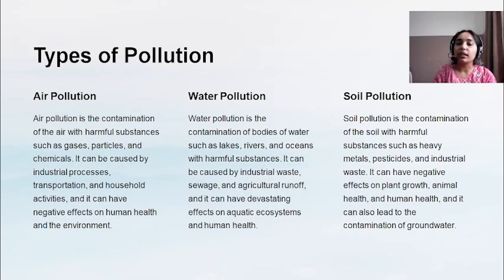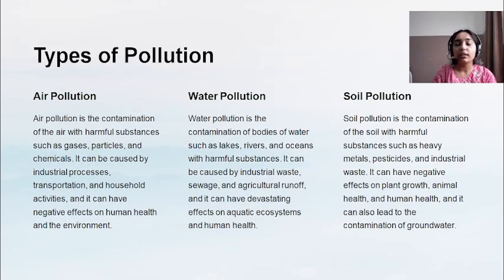It can have a negative effect on plant growth, animal health and human health, and it can also lead to the contamination of groundwater. So soil pollution causes a negative impact on all the living organisms present on the planet, such as plant growth, animal health and human health.